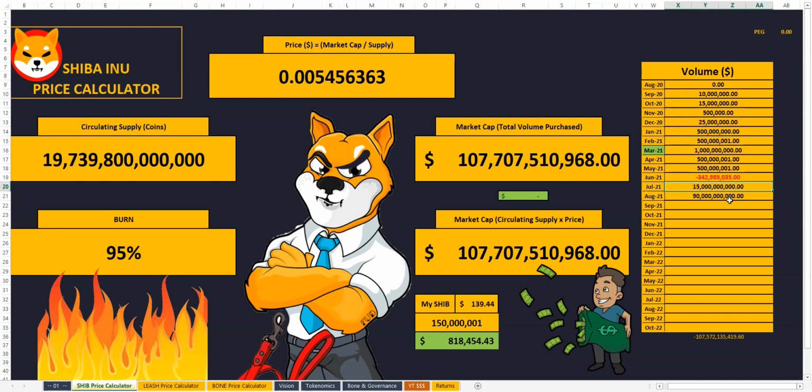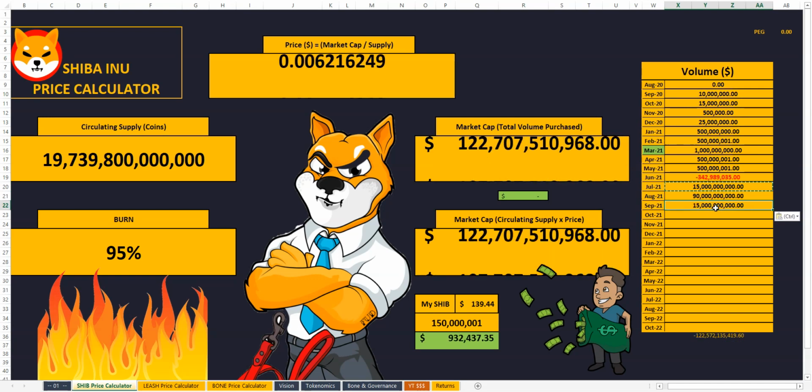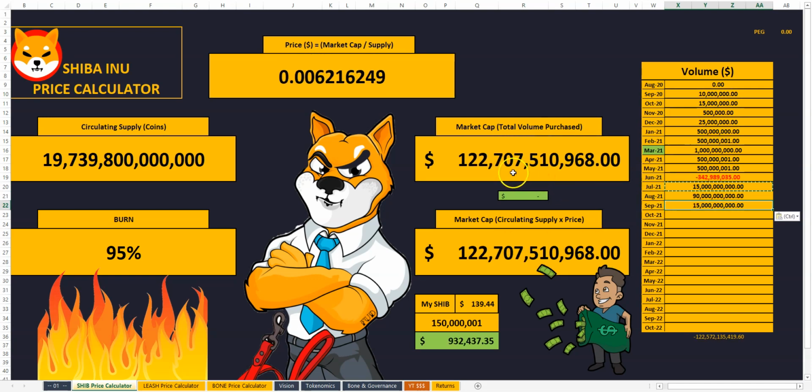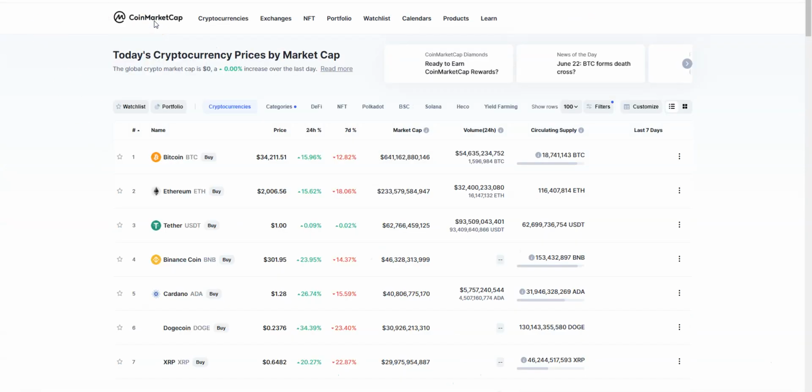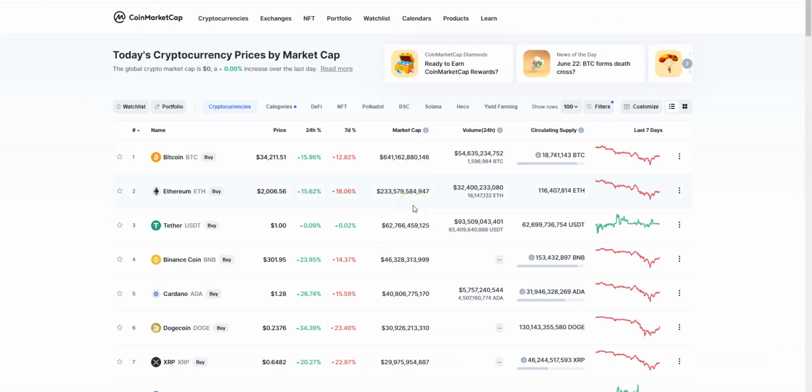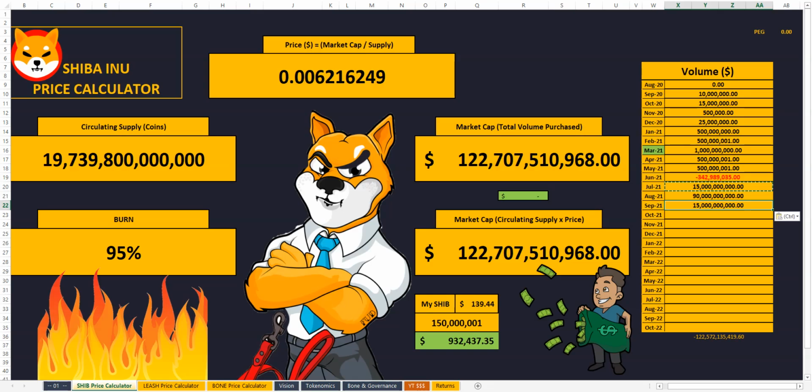See what else I can do. I think we can try to take it to, because I know Ethereum at the moment has a market cap of 200,000. Yeah, let's be ambitious and see if we can get a market cap of 200,000. I'm just going to add this until it gets as close to the 200,000 as possible. Yeah, 200,000.